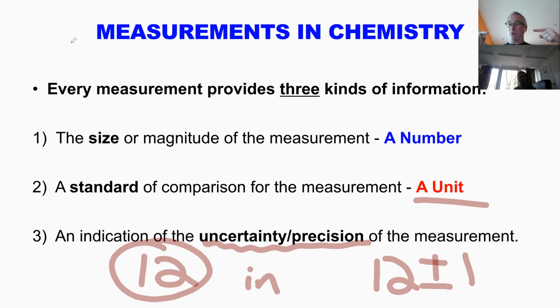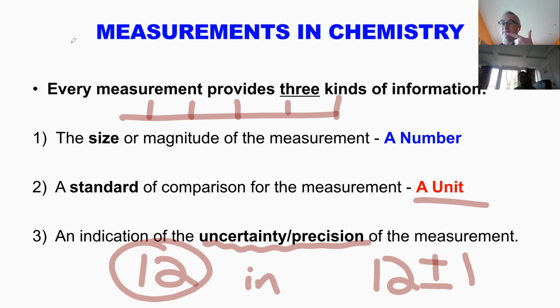If I took out a ruler and it just had inches on it, so it just had 1, 2, 3, 4, 5, and I measured with that, and those were the only units on it, no subdivisions, I could put 12, and I would estimate one more digit.